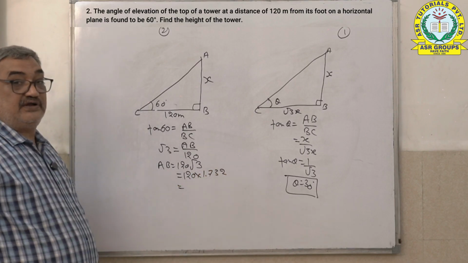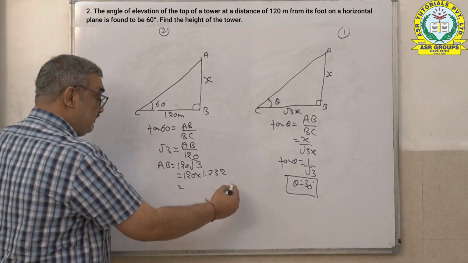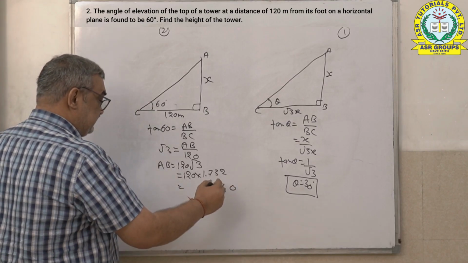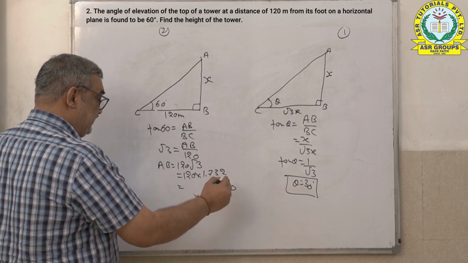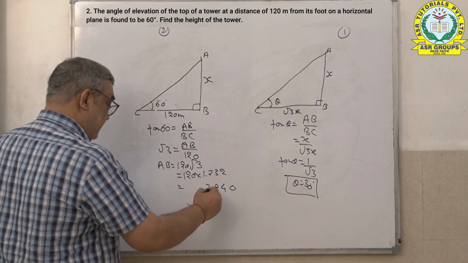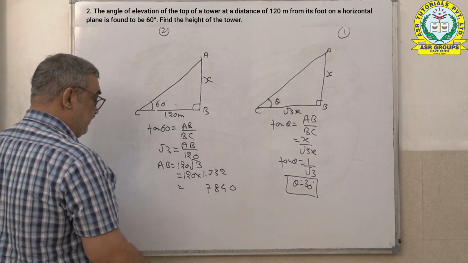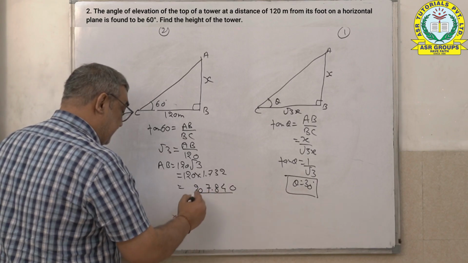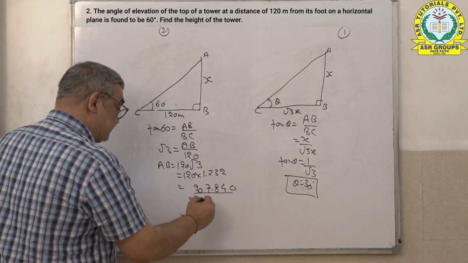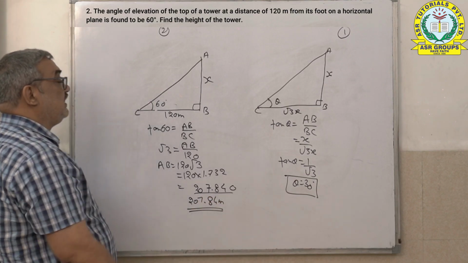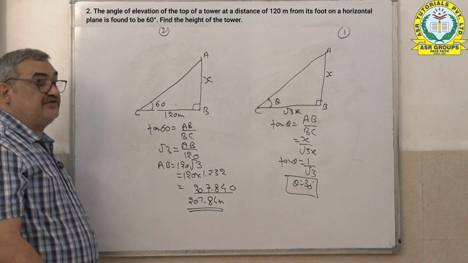Now calculate as quickly as you can. 12 twos are 24, 12 threes are 36, 12 sevens are 84 plus 3, 87, 12 ones are 12 plus 8, put the decimal, the answer is 207.84 meters. This is the height of the tower.